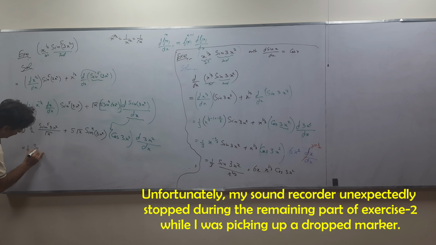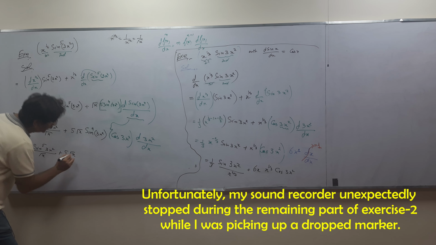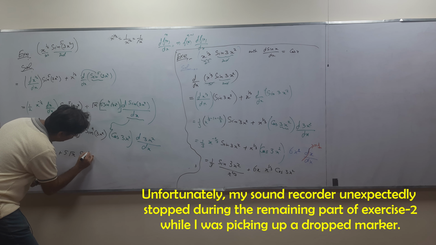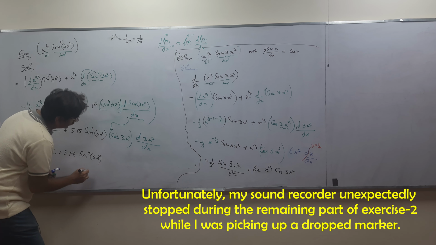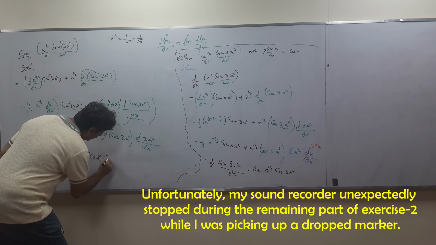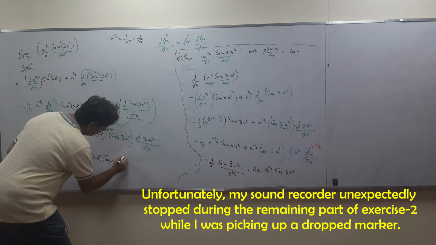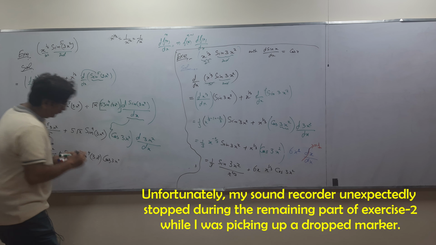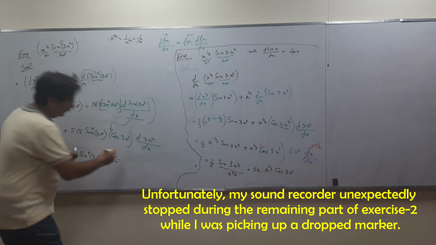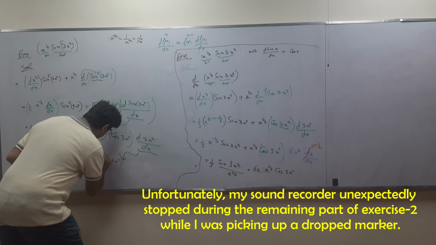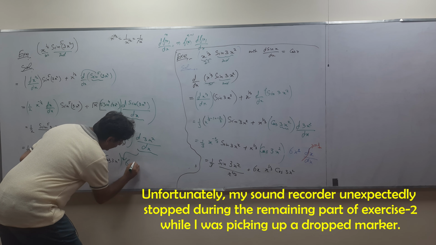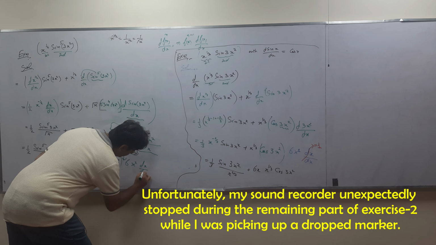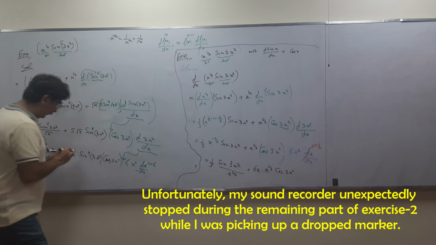So 1 by 2 sine 5 of 3x squared over square root of x, plus 5 square root of x sine 4 of 3x squared cos 3x squared, 6x.